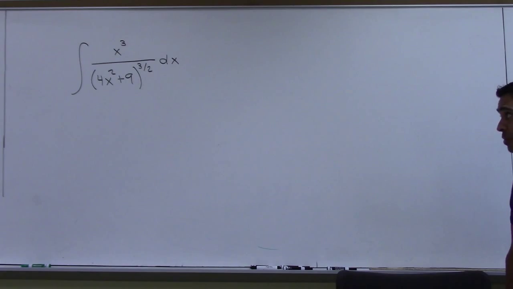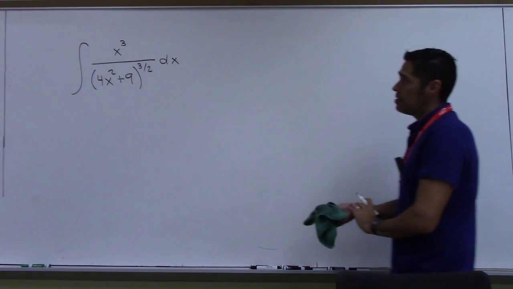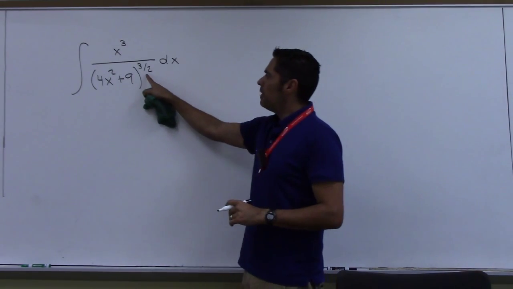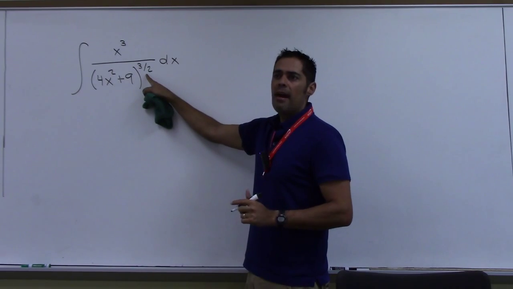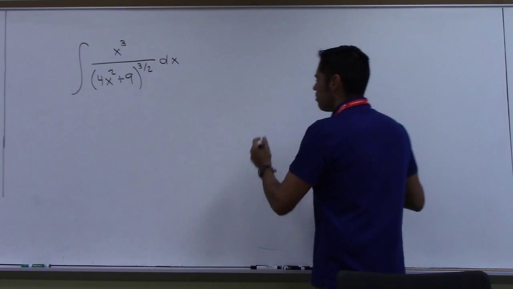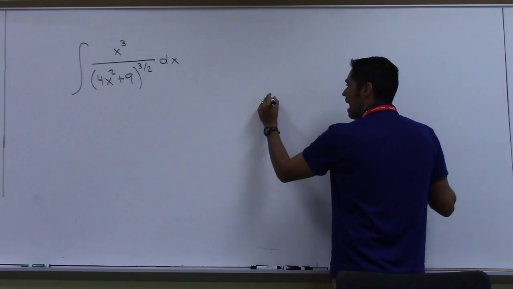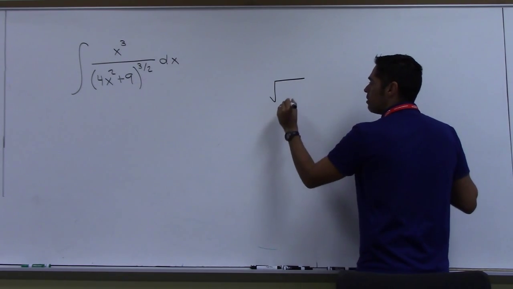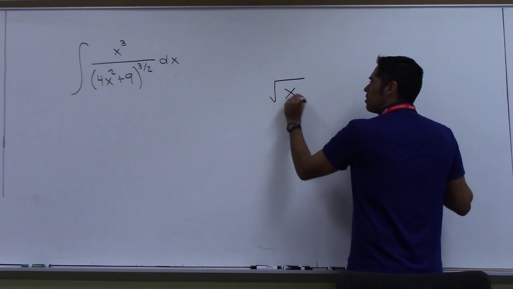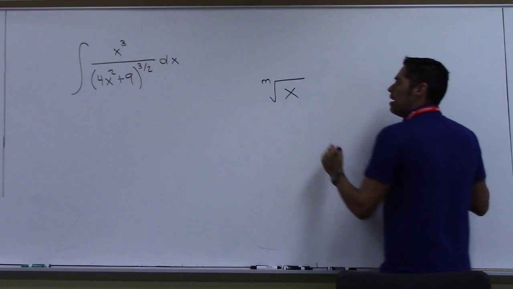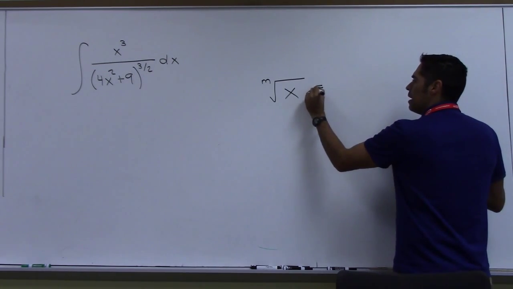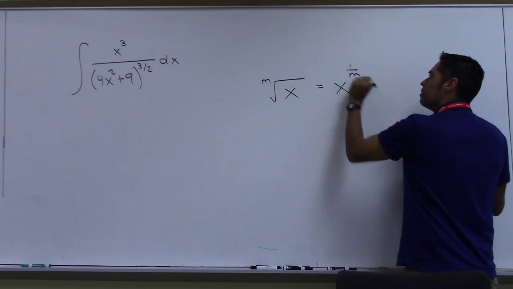All right, but this one does turn out to be trig substitution. The thing is we have to figure out what this 3 halves power means. I'll remind you that back when you were learning about radicals, you were taught that the mth root of x meant x to the 1 over m. Anyone remember that?